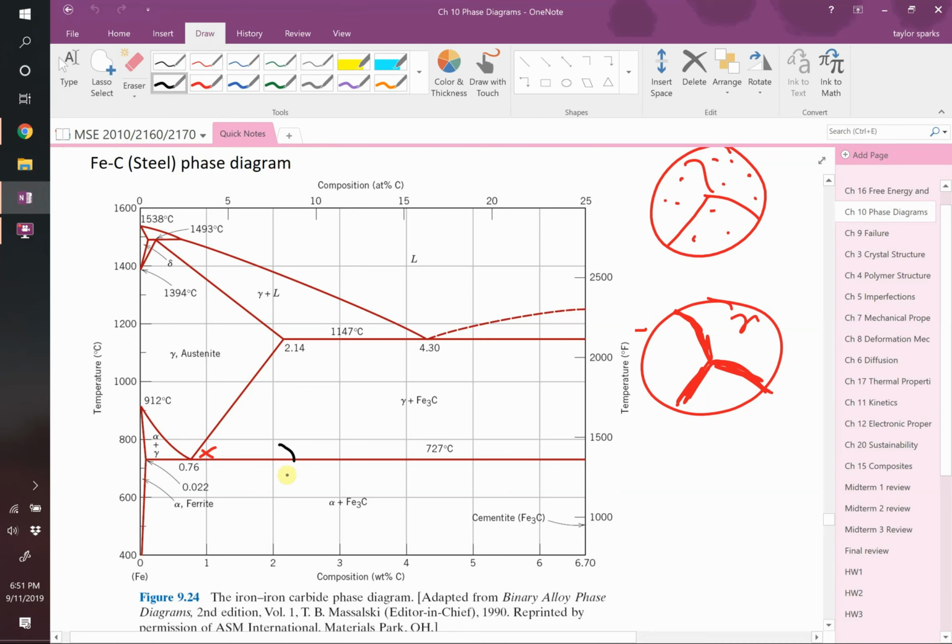It says all along here, austenite turns into ferrite plus cementite. What is this one, are you asking? That's austenite with something along the grain boundaries, either ferrite or cementite, meaning we're still above the eutectoid reaction.